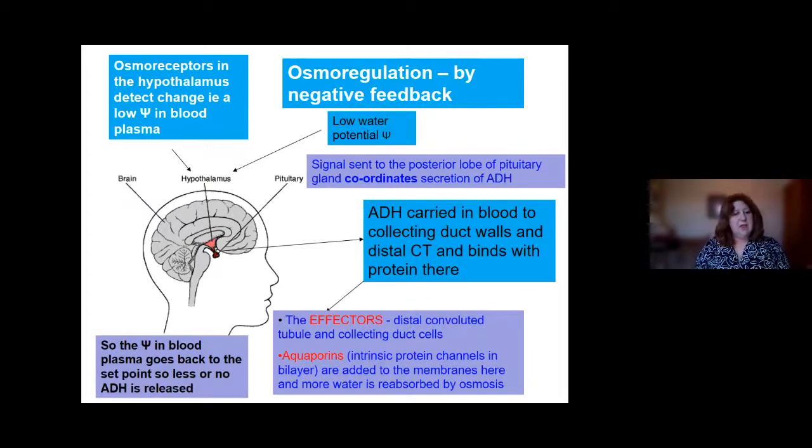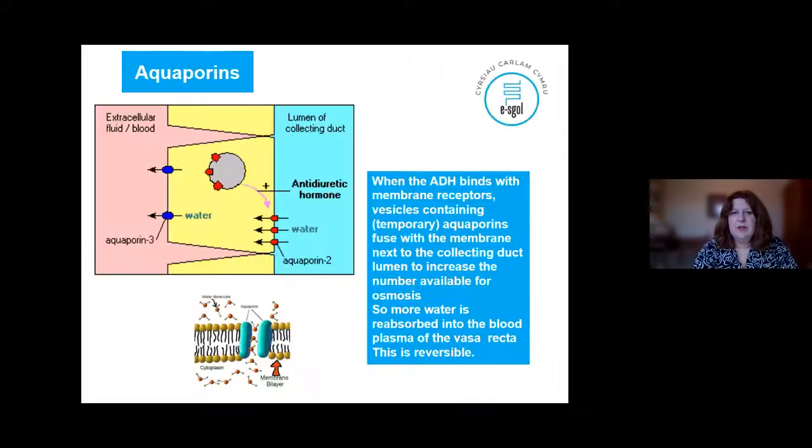So of course then, if more water goes back into the plasma, the set point is going to be reached, and so the osmoreceptors in the hypothalamus are going to detect that, so less or even no ADH is released. So the set point is reached, and so ADH is not needed to have its effect again, or as great an effect.